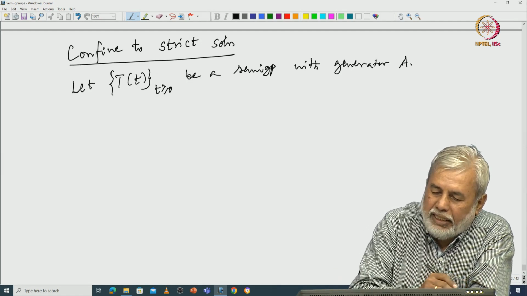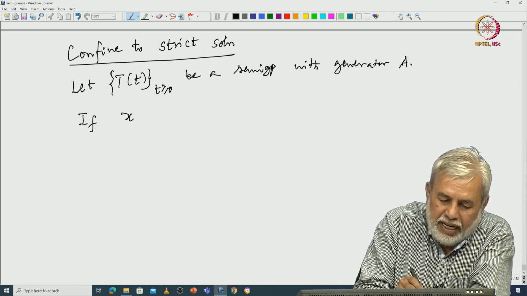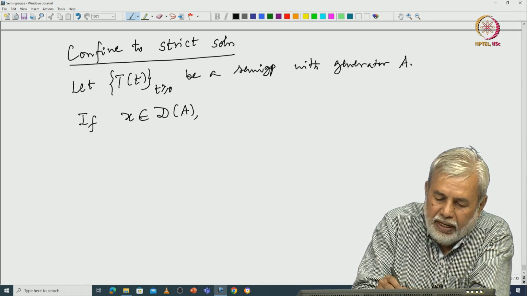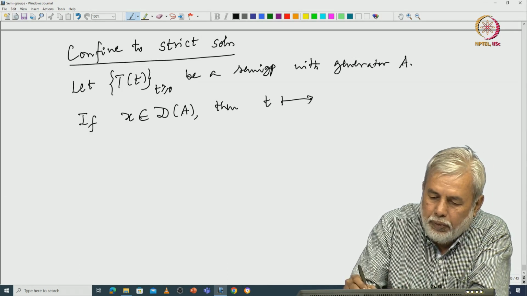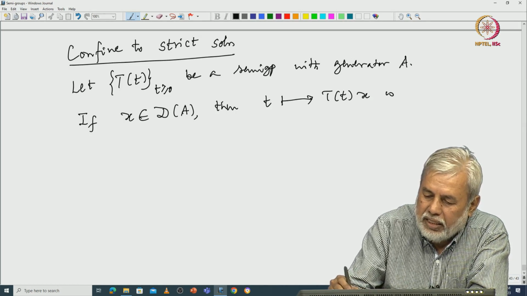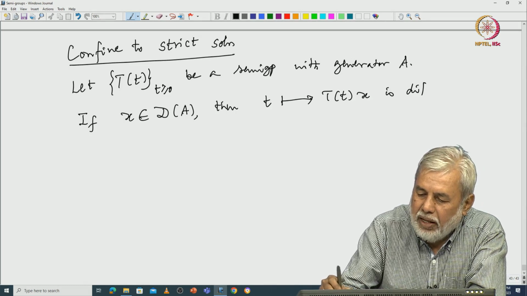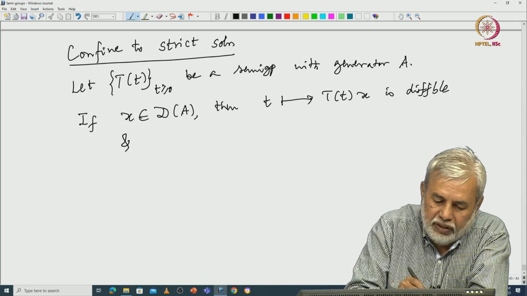So we have already seen that if x belongs to D(A), then the mapping t going to T(t)x is differentiable, and this is important.